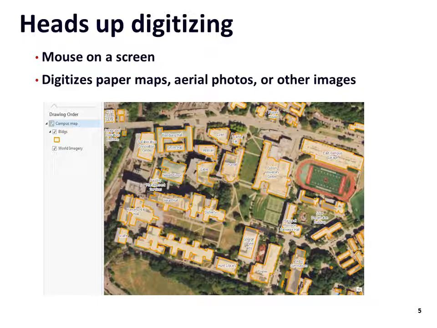Then along came heads up digitizing, which is a more accurate description of what we do now. Instead of looking at a paper map on a digitizing table, you're looking at an aerial photo on a computer screen along with some other referenced object, like another data layer, that allows you to see how things are lined up or to make things line up.